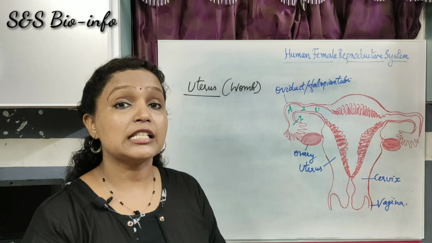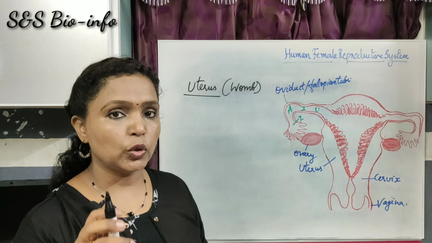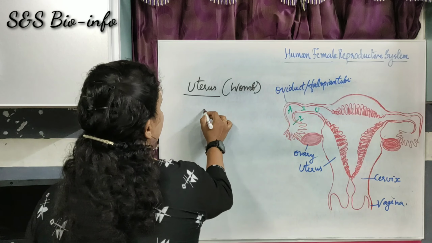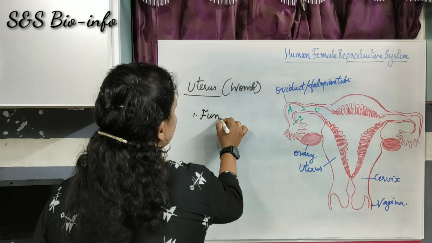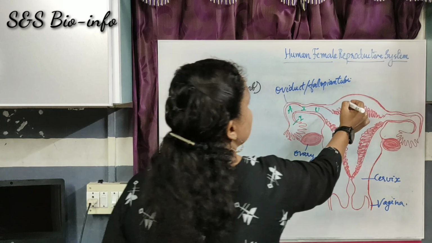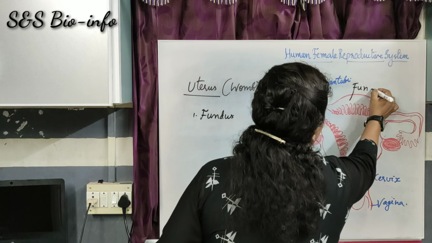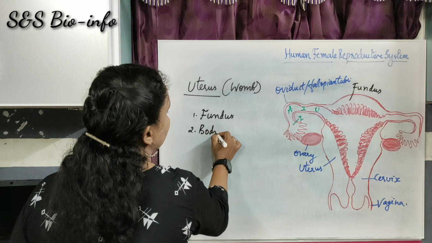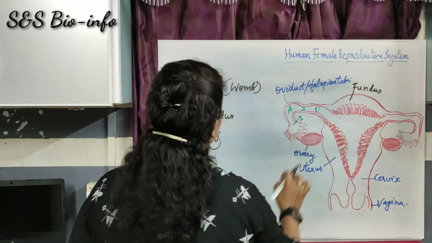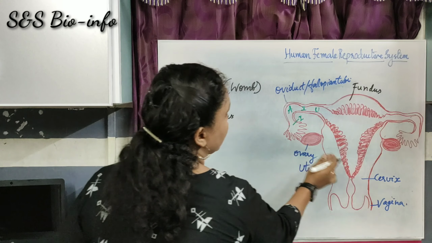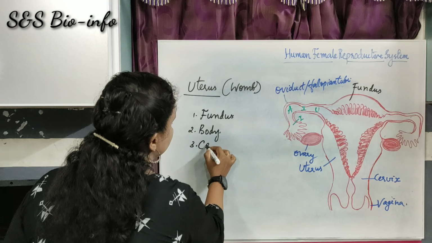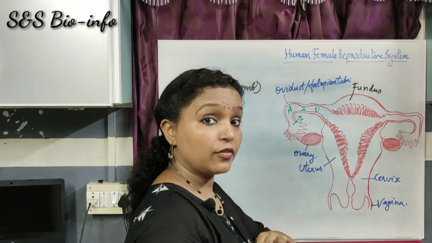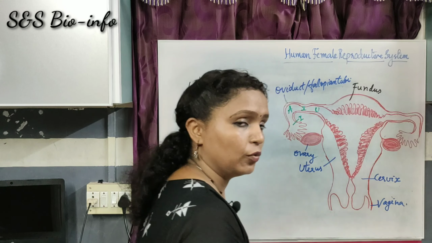The uterus has mainly 3 parts. Those are the fundus region, the next part is the body, and the third part is the cervix. Cervix opens outside through the vagina.